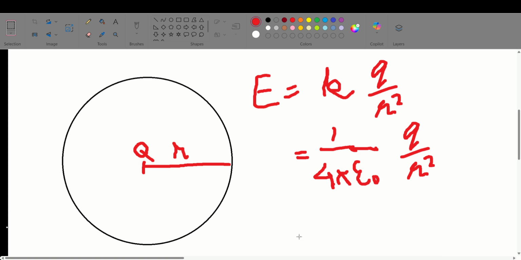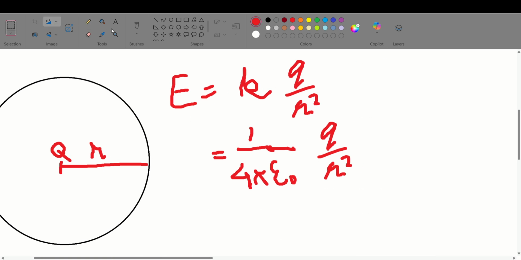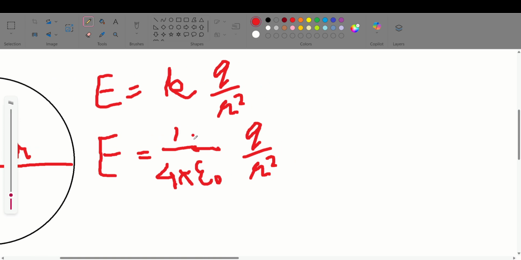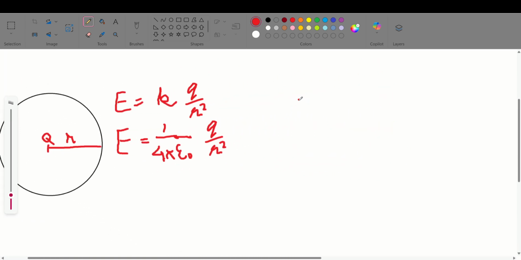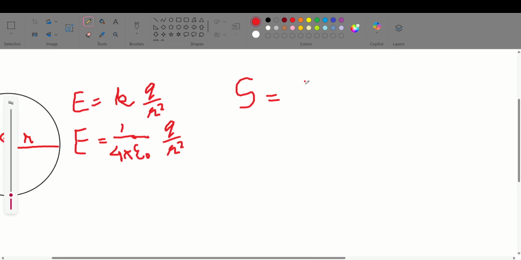So now we have the value of E in this case. Let's also find the value of S. Now the surface area of this sphere is just 4 pi r squared. That's the surface area of any sphere.